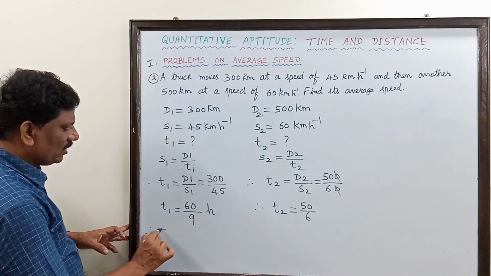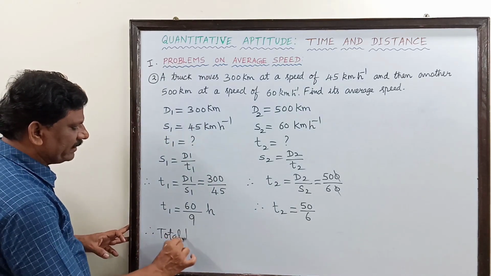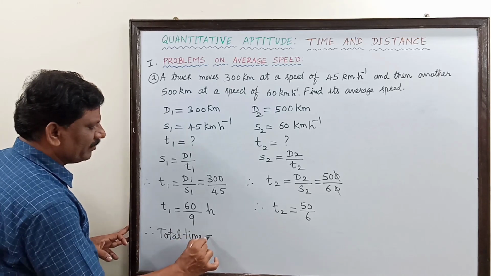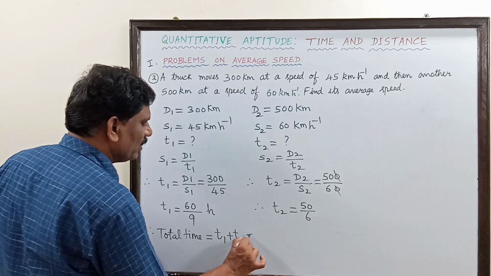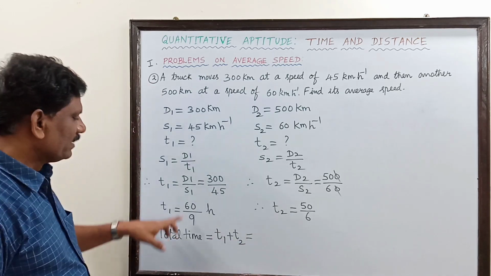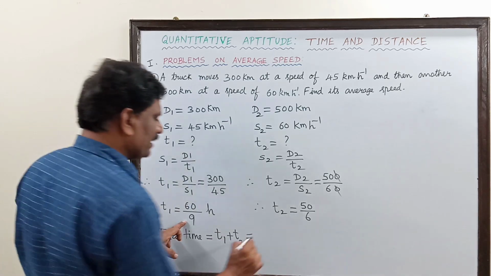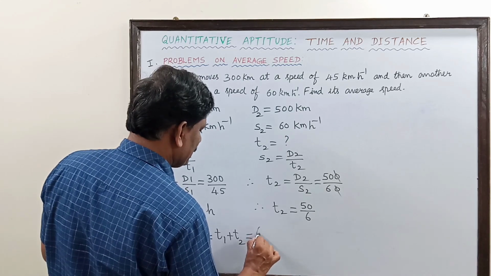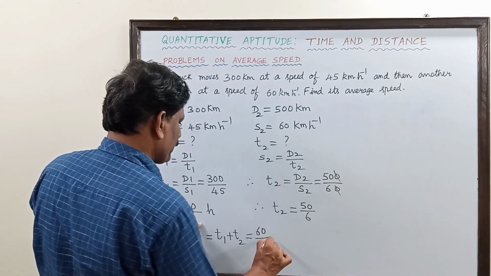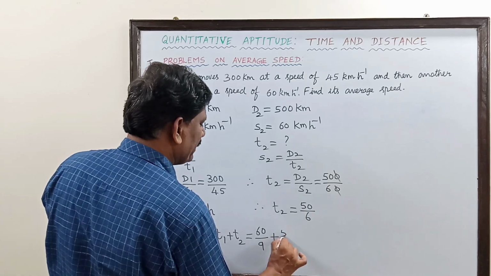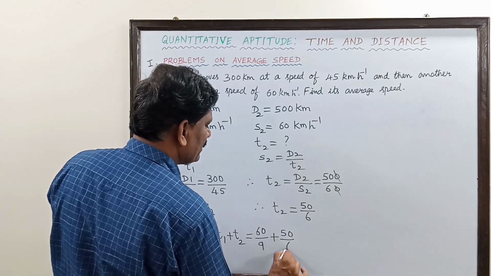So what is the total time taken? The total time taken is equal to t1 plus t2. So that is 60 by 9, so this is 60 divided by 9 plus 50 divided by 6.